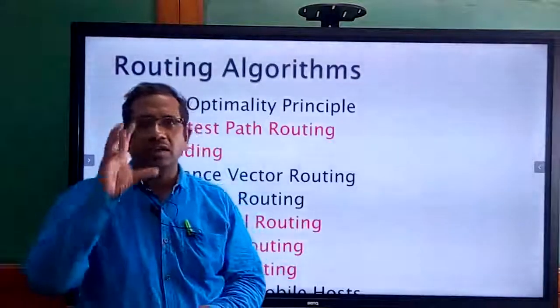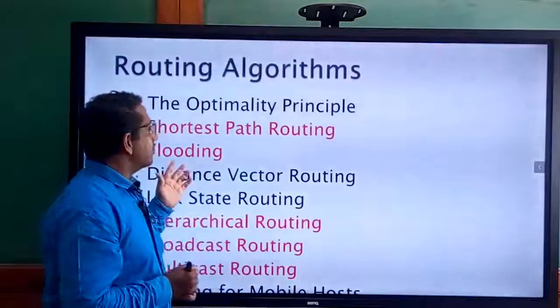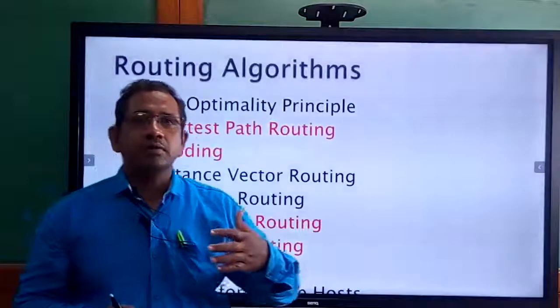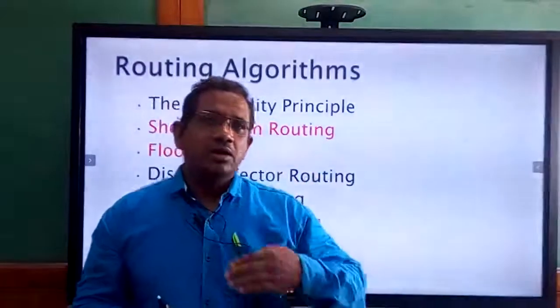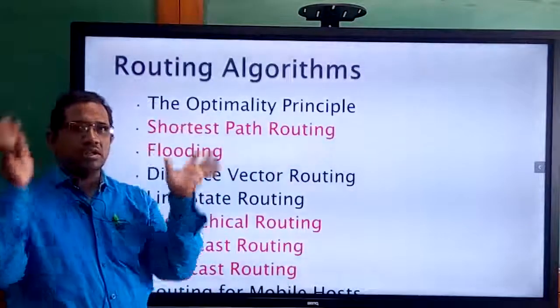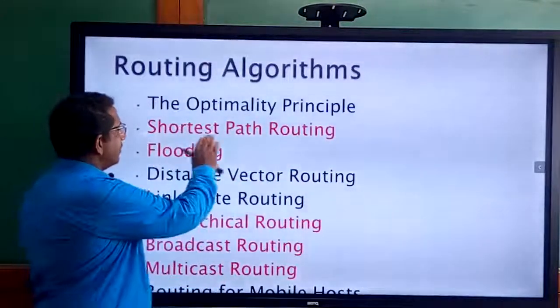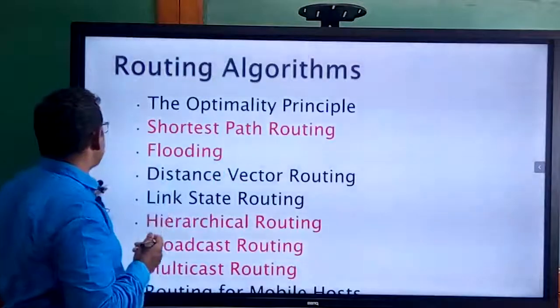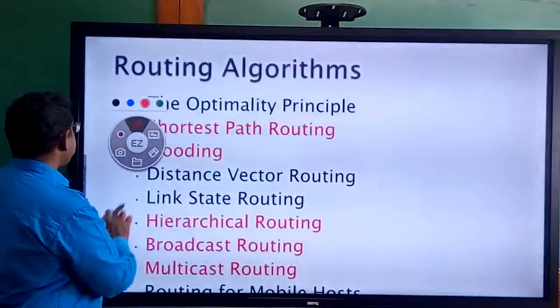These are the routing algorithms using which the router finds out the route that has to be taken for a packet to get transferred from the source computer to the destination computer in the network. First of all, the easiest one is the shortest path routing method.